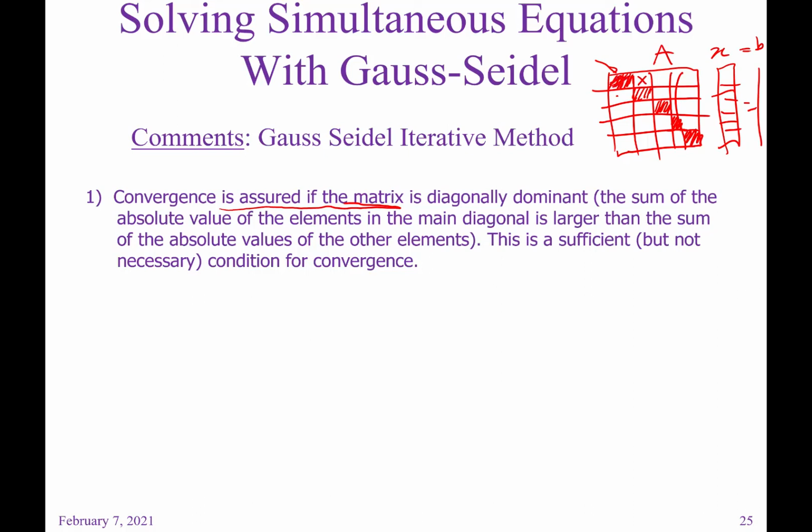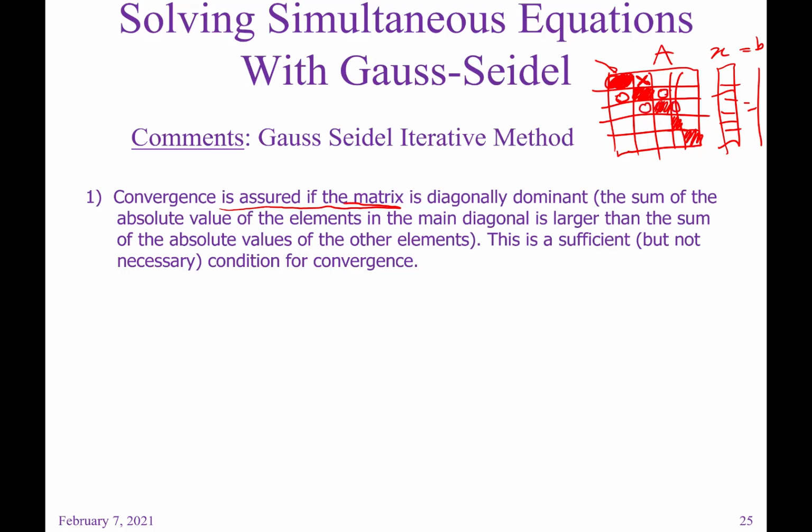So if the absolute value of this is greater than the absolute value of this, and the absolute value of this is greater than the sum of these two absolute values, right? And for every row, that is the case.